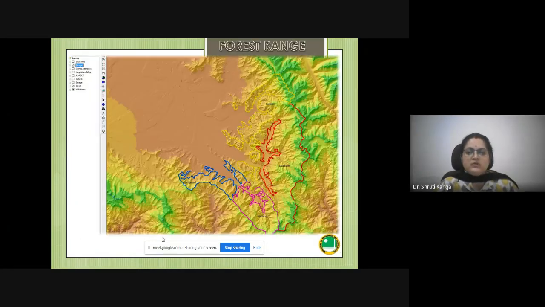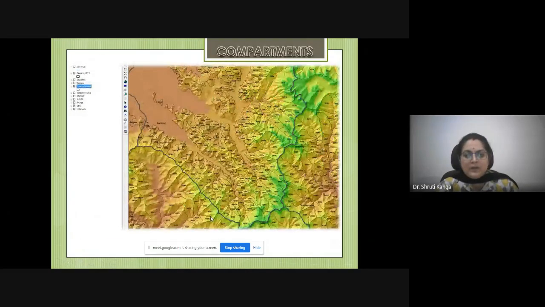So if somebody needs only a compartment, maybe the 0036 compartment, we will see which one it is. This compartment is 0036, and then we can clip it, and we can have complete information about the forest type, land use, slope, aspect, elevation for this particular compartment.